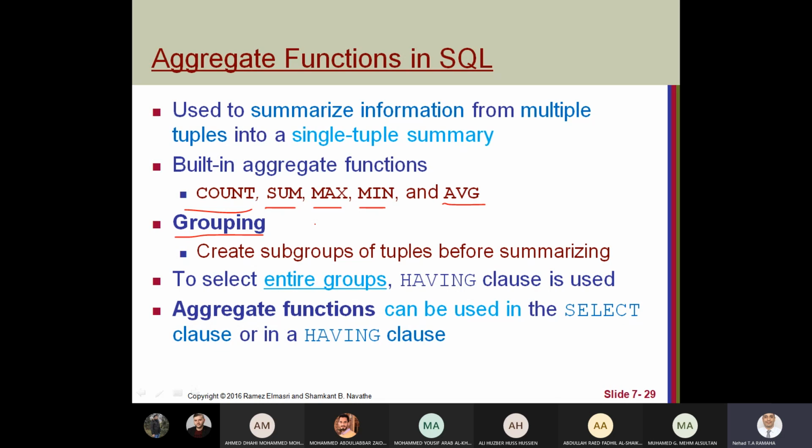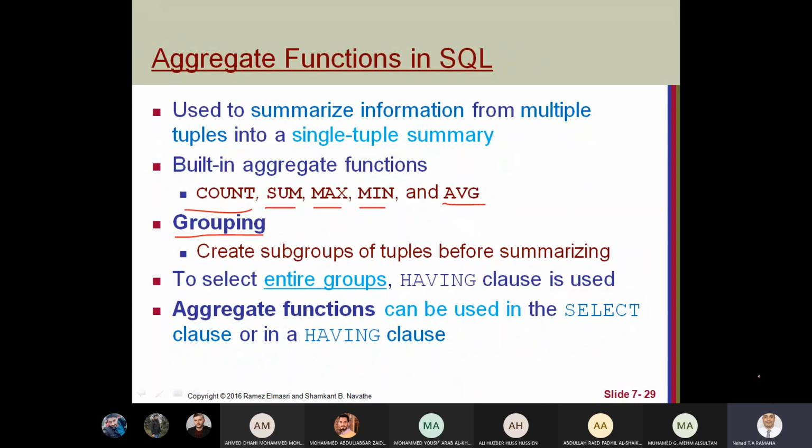To get the average for each department, you will make a group using department number. So you will take the average for all employees for each department. This is a grouping.